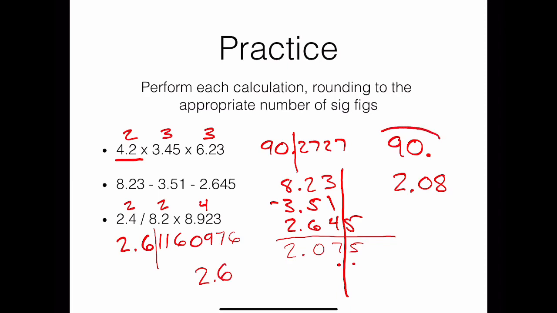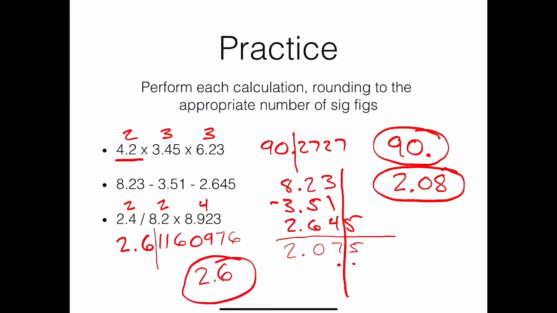So we end up with 90 with a decimal point, 2.08 for number 2, and the number 2.6 for the third problem. An extension of this practice would be looking at how we can combine multiple operations within one problem. So for example, if I had a subtraction problem followed by a multiplication problem, all within the same operation, what I would have to do is use my order of operations.